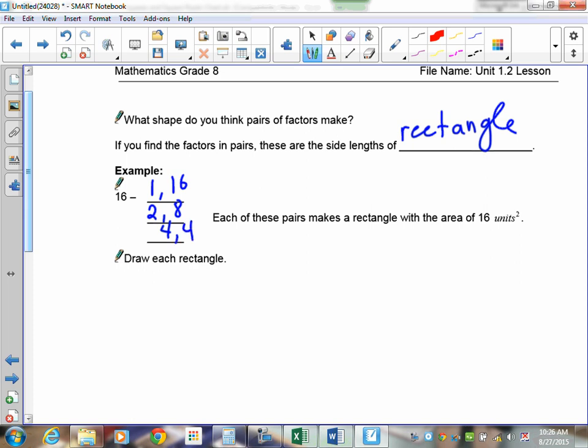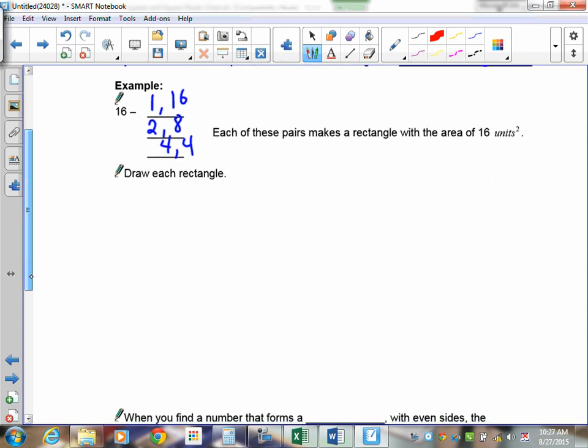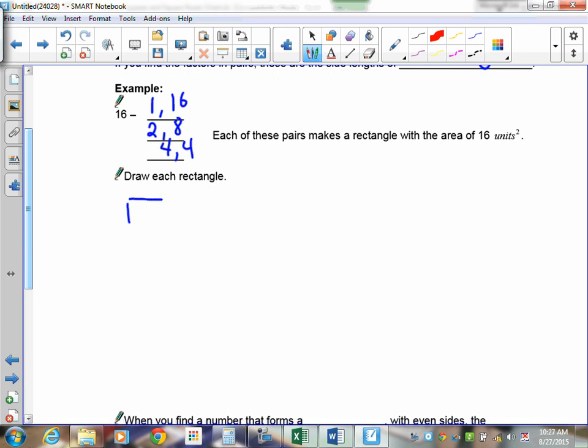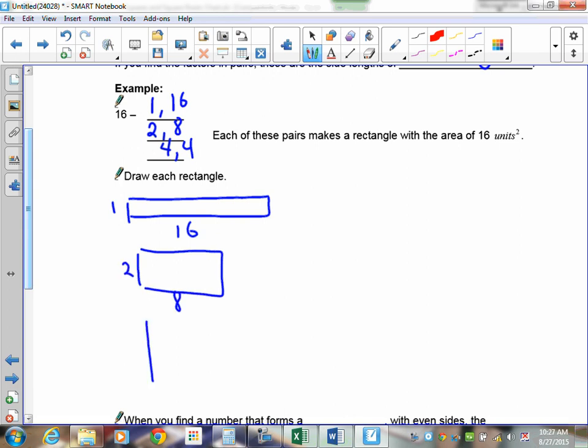Each of these pairs makes an area of 16. So these are the shapes that you would make. The first one, 1 by 16, would be 1 here and 16 here. 2 by 8 would be something that looks like this. And finally, the last one would be 4 by 4.